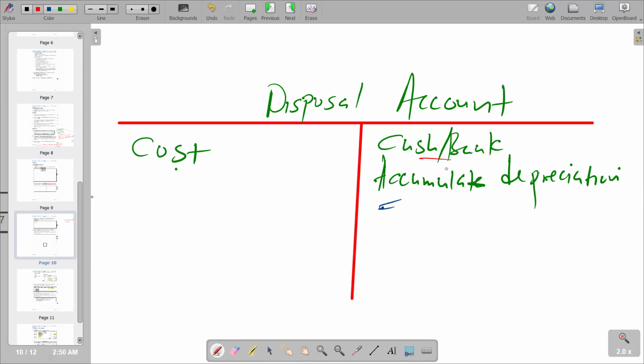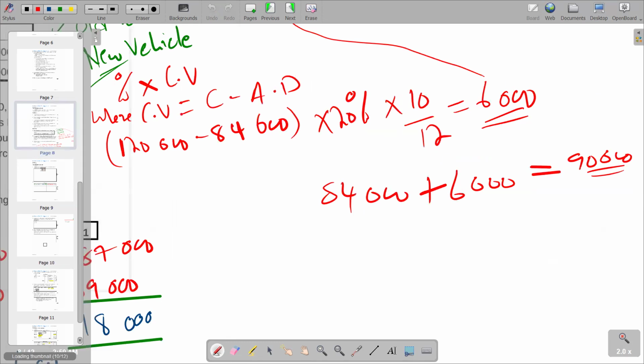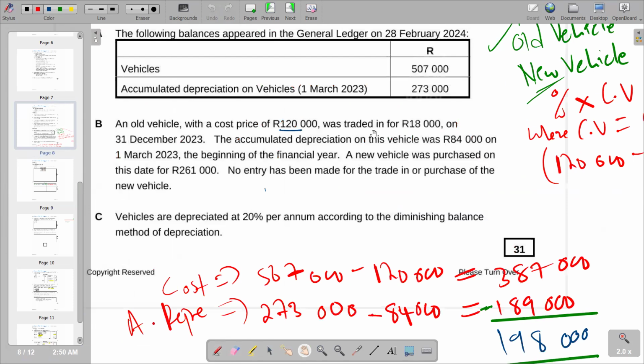Then we also have another part, which is the cash or bank that we received as we disposed. If you go back to our explanation, they are saying it was traded in for 18,000. So 18,000 is the amount, but this is not coming as cash because it's a trade-in. It's going to be part of the value of the new vehicle that is coming in.